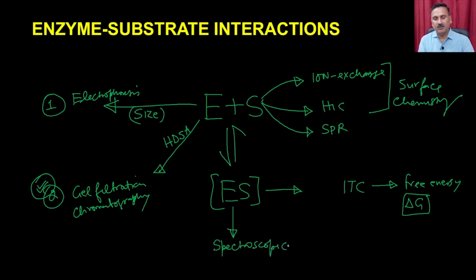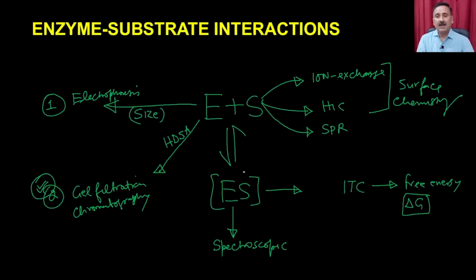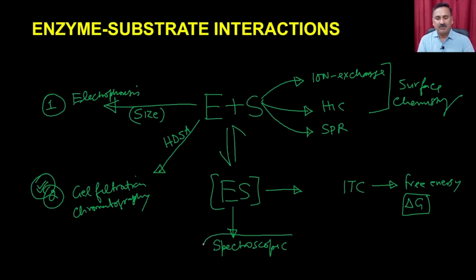It brings additional variations in terms of the pharmacophores, as we discussed. When the enzyme interacts with the substrate, it changes the surface chemistry, and that may change the electronic configuration of the molecules, and that can be mapped even by spectroscopy. So that is also one of the techniques we are going to discuss.